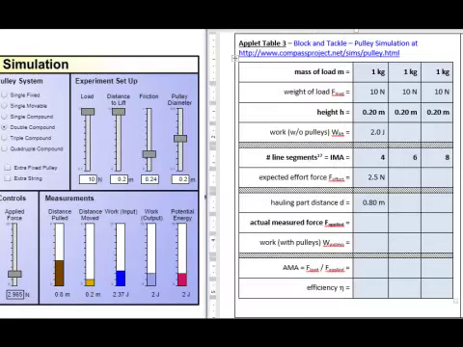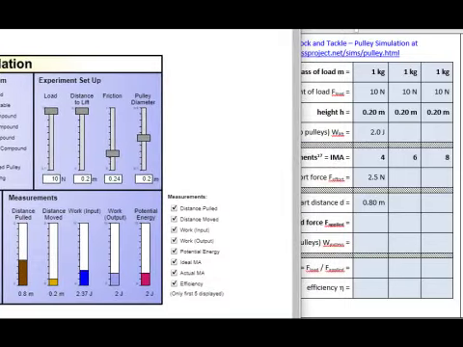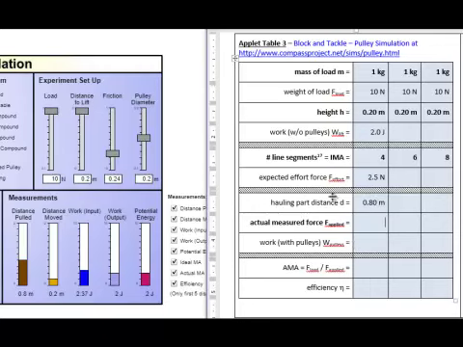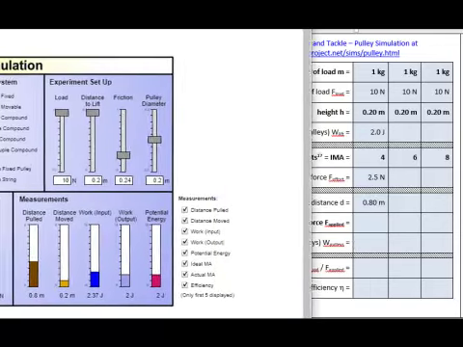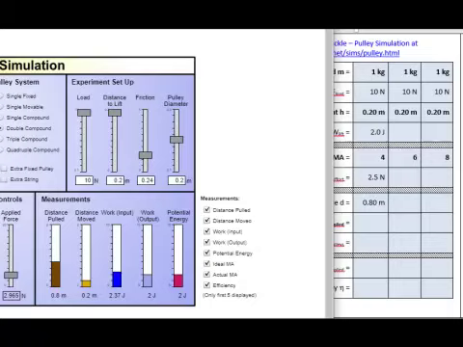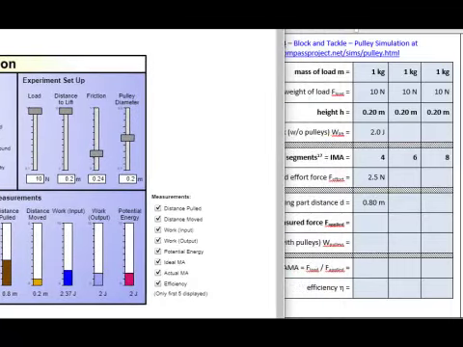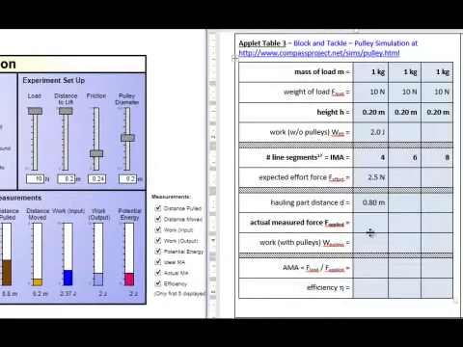Let's see. Push this out a little bit more. All right. Oh, actual measured force. Shouldn't have pulled out so much. Okay, here it is, 2.965. A little bit too much on the side of sig figs. Let's just round it to 2 sig figs, 3.0, and I can't actually measure that accurately anyway in a real experiment.